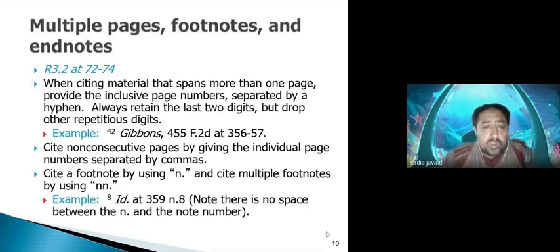Just look at this example: 42 Gibbons, italic, 455 F.2d at 356-57. This is the complete description where you mention who the party is, what the signal is, what the authority is, and what is happening in it.